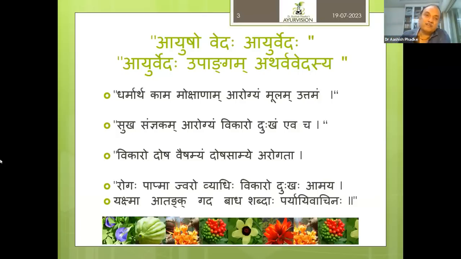So when there is Sukha Saudnyakam, Sukha is loosely translated as pleasure, but it's not pleasure, it's bliss. So Sukha Saudnyakam Arogyam: if a person is in a healthy state, then that is perceived by Sukha.